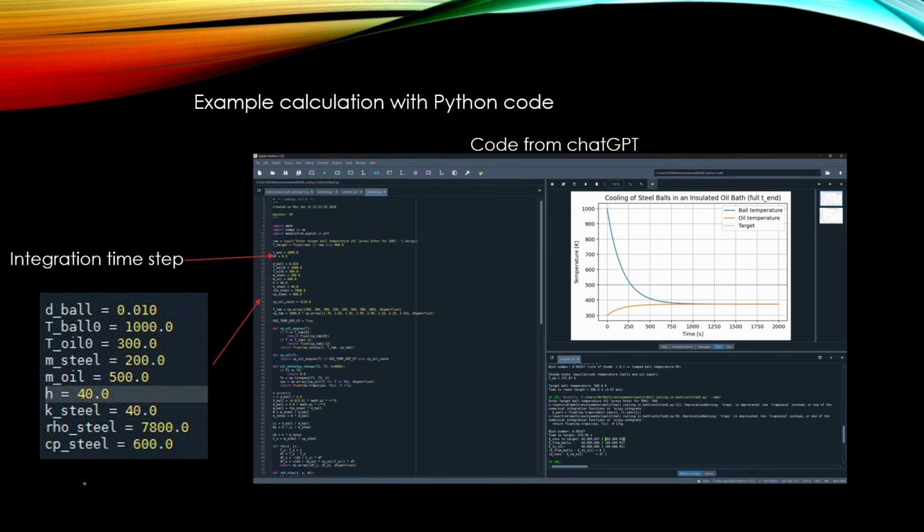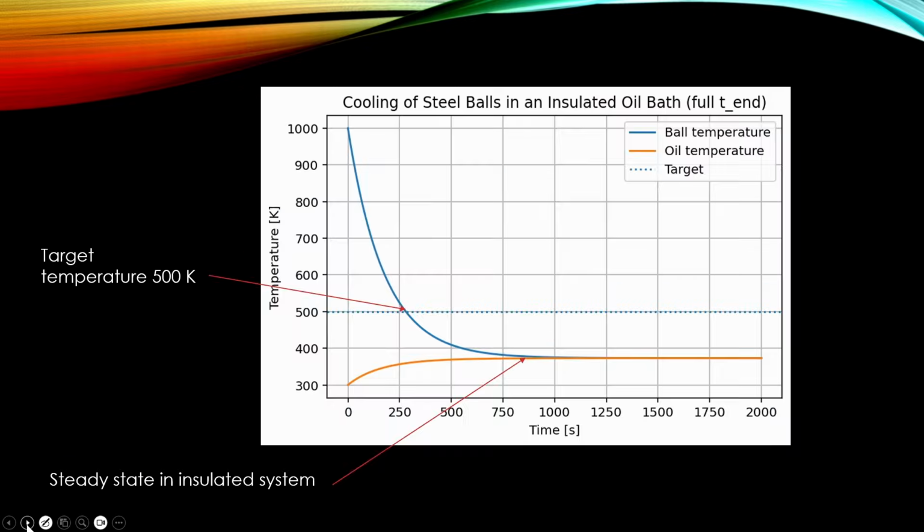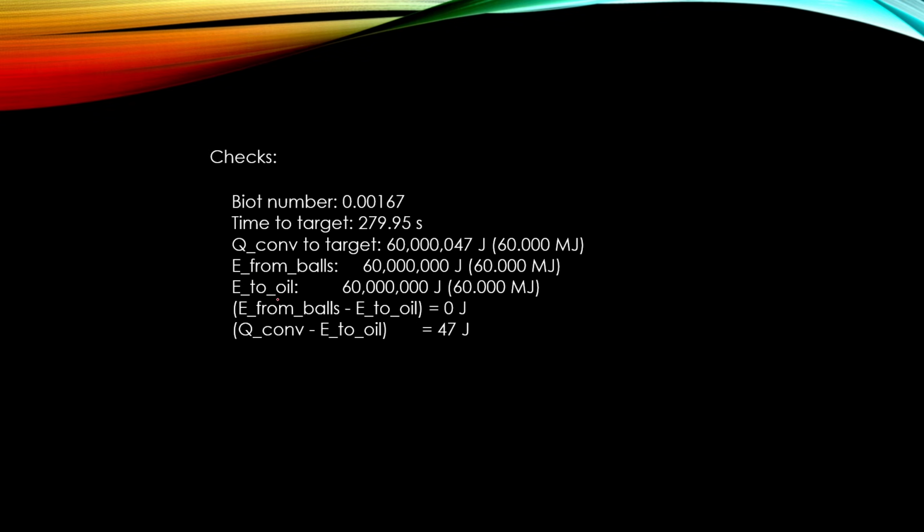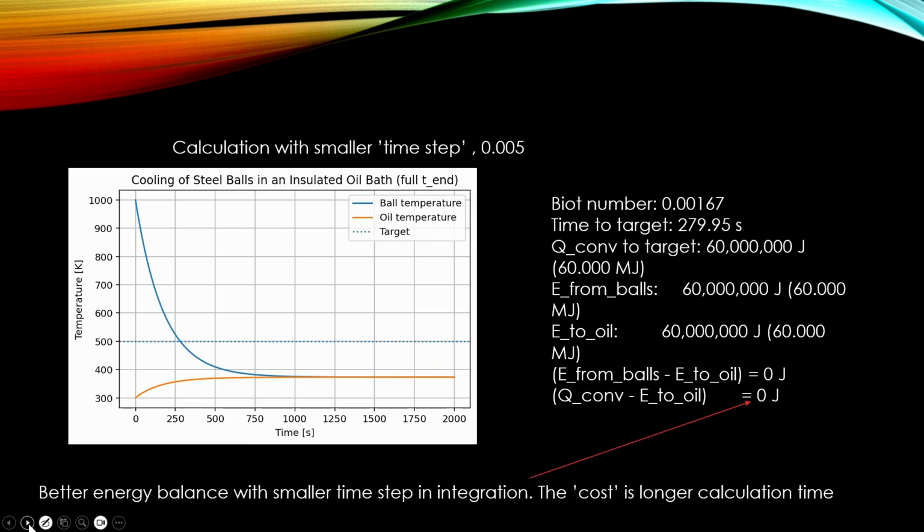0.5 seconds, and it seems that if we check this energy balance we have a small error in that. But then I tested the same case calculating with a small time step, and now this error is 0.